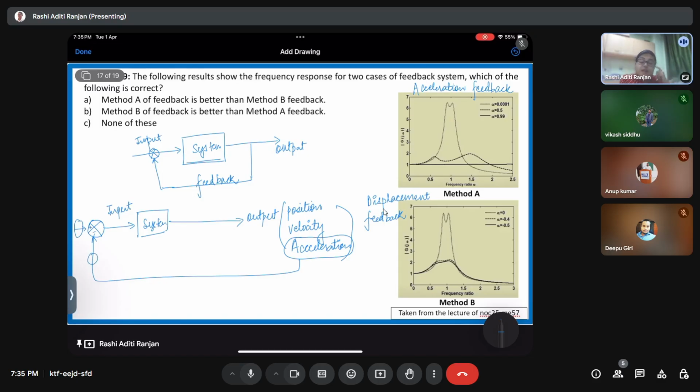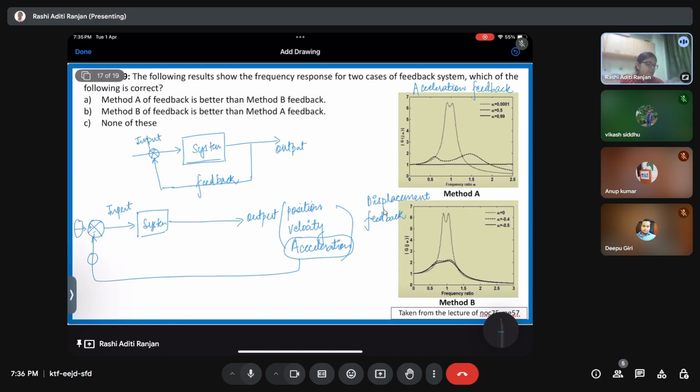Okay. So in case of acceleration feedback, the acceleration output is actually taken as a feedback sent towards the input of my system. The controller then decides that what kind of input should be given to the system in order to get a particular kind of acceleration. Okay.